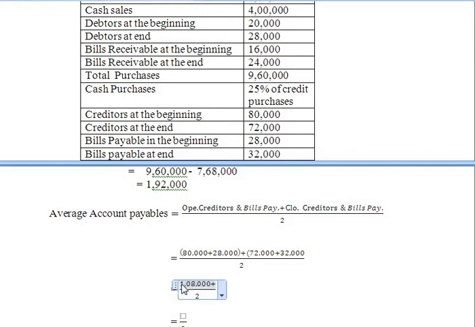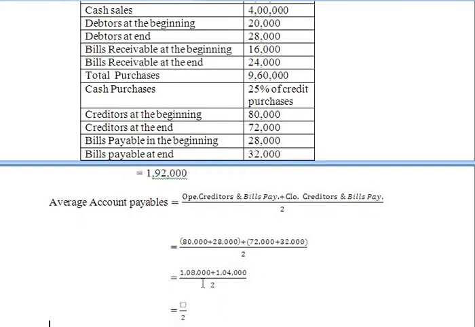Plus 72,000 plus 32,000. How much is it? 1,04,000. So 1,08,000 plus 1,04,000 is equal to 2,12,000, divided by 2.